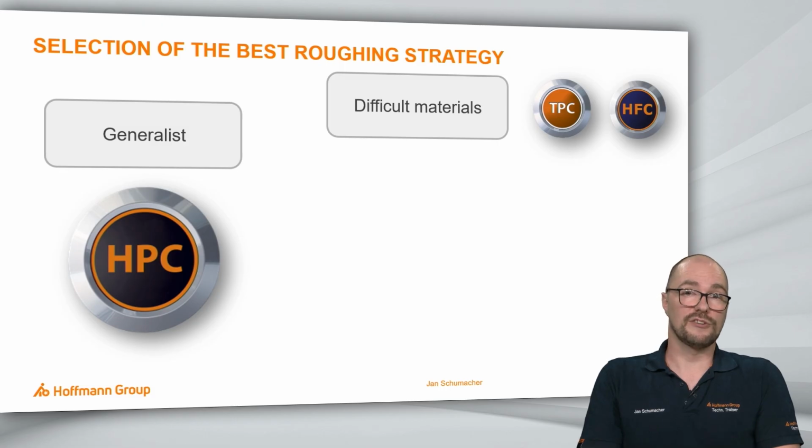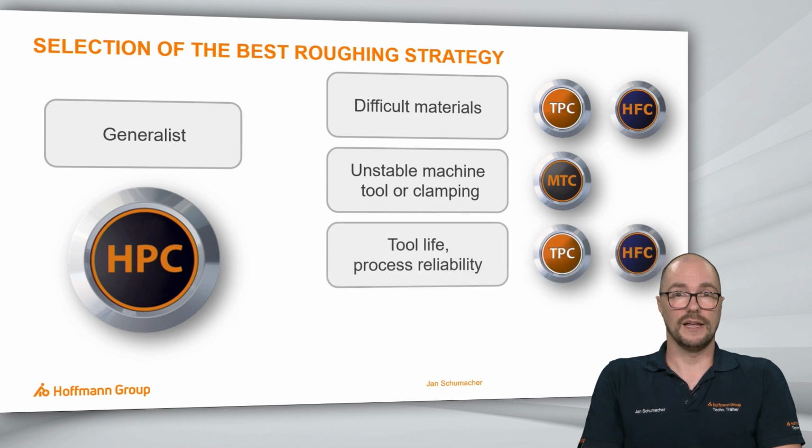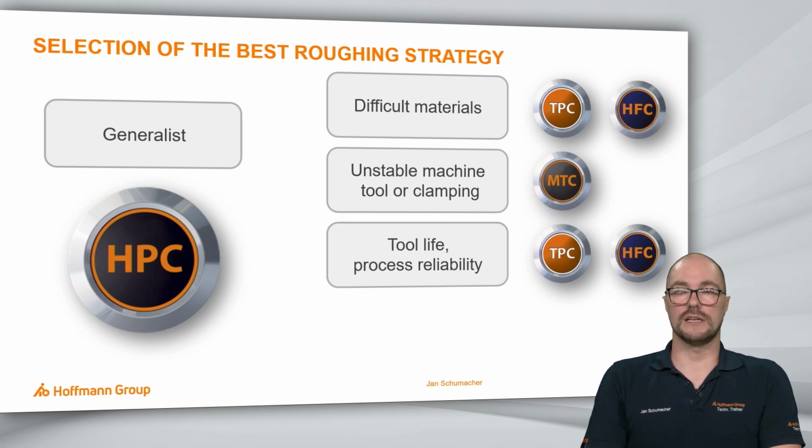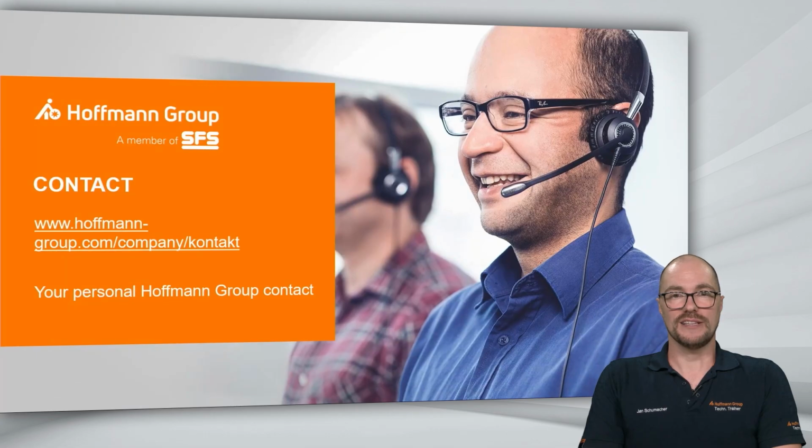If you need to machine on your turning center, choose an MTC milling cutter. If you want the maximum tool life and maximum process reliability, for example in automated processes, TPC and HFC are the way to go. And if it's all about material removal rate in your case, TPC and HFC will help you once more. So that's it for today.